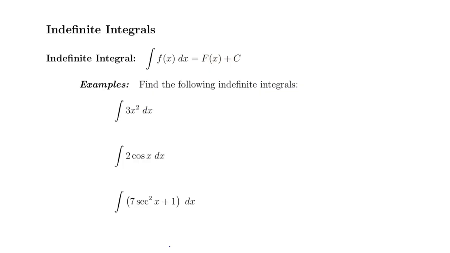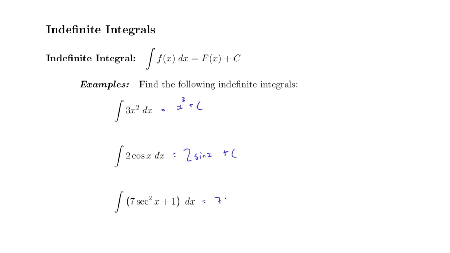So if we take a look at those same three examples, what this is saying is find the antiderivative family of 3x squared, and we know that that's going to be x cubed plus c. Find the antiderivative family of 2 cosine x. Well, we know that that's going to be 2 sine x plus c. Find the antiderivative family of 7 secant squared x plus 1.